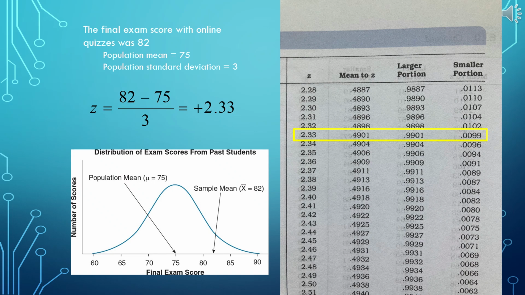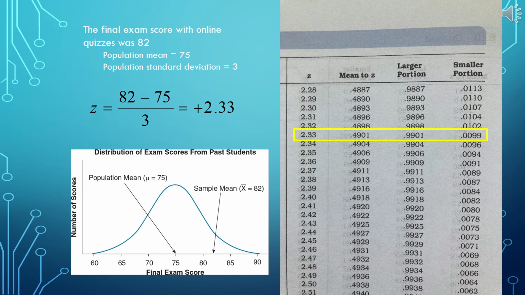Well, if we look up a z-score of 2.33 in the appendix on this standard normal table, it corresponds to, if you look at the larger portion, 0.9901.